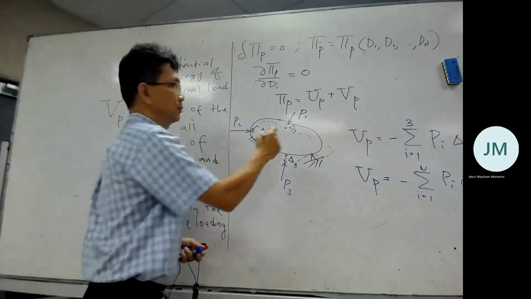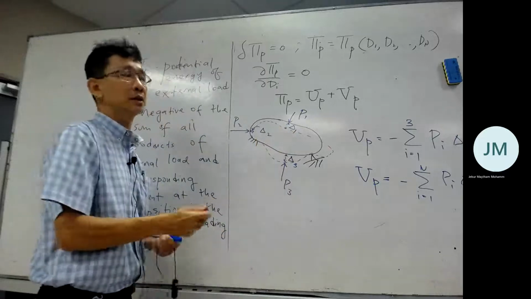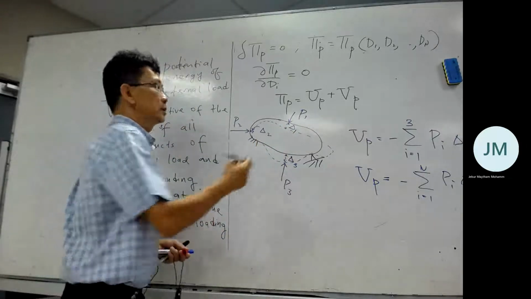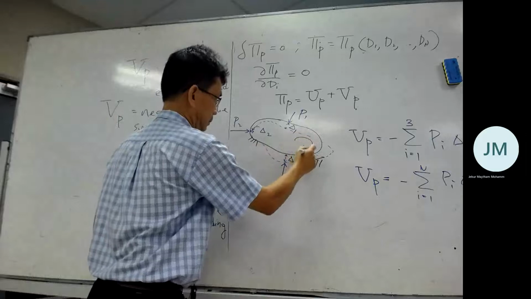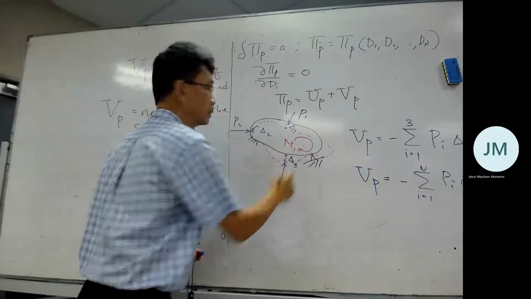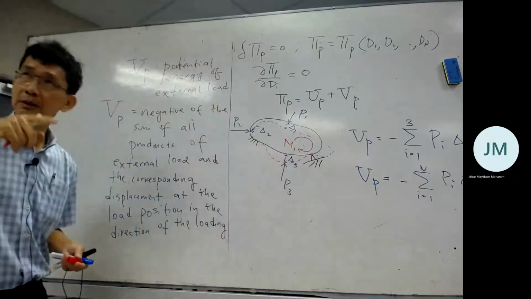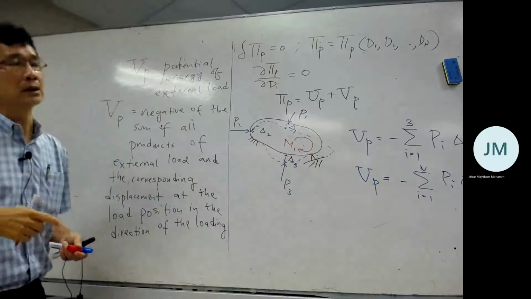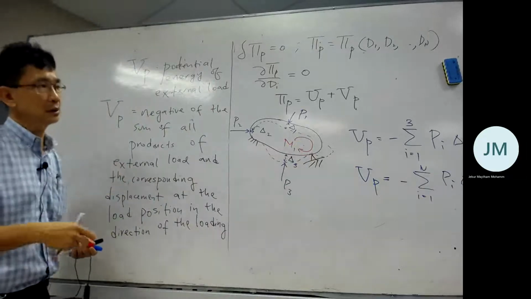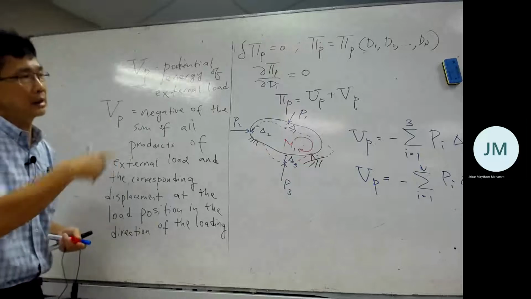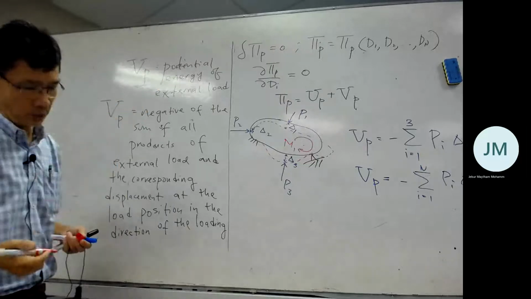If in your problem there is a couple moment, a moment acting, then according to these definitions, you must add the VP due to that moment.